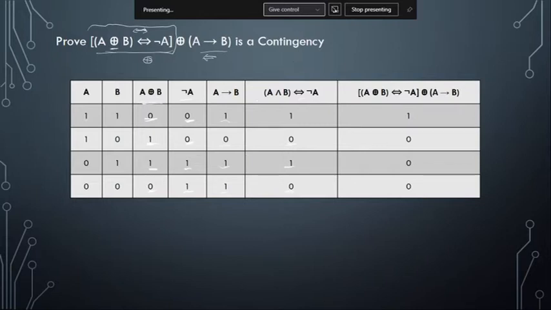Last, what we will look at is this proposition and this proposition, the return values of both. So, 1, 1, exclusive OR.